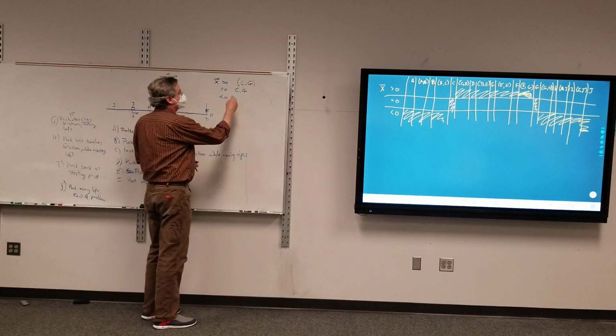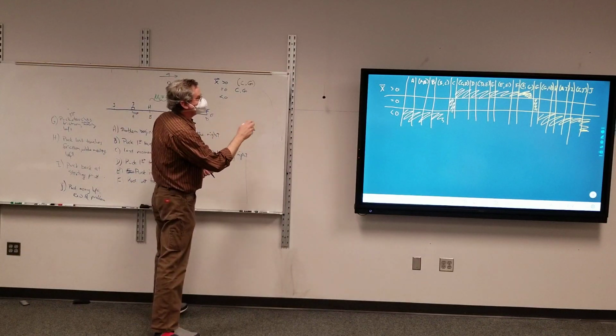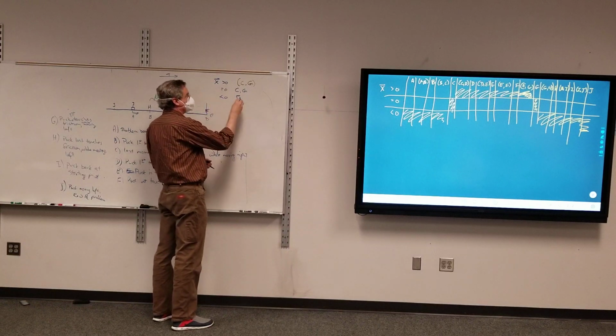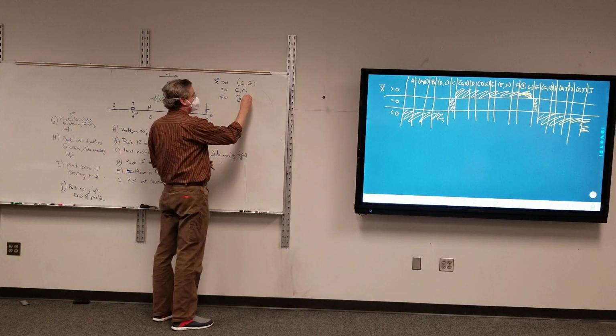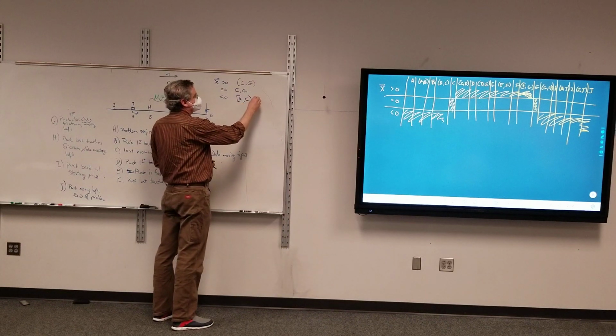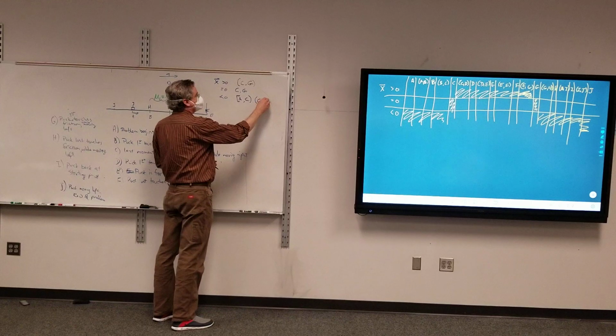Alternatively, we could also write it as A, including A, so that's the square bracket, the C, parentheses, because C is not included, and then G to J.